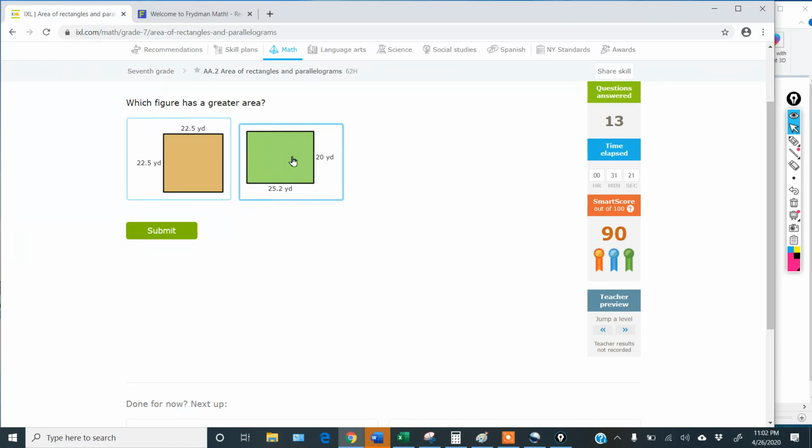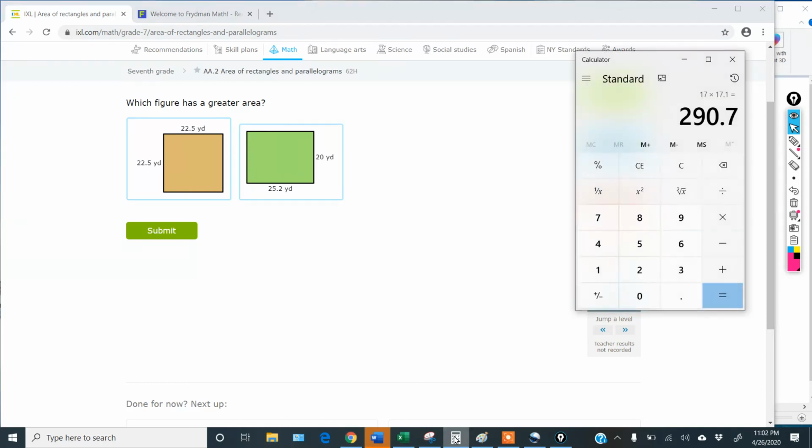So it's not as obvious this time if we multiply this and this, if we would get a larger or a smaller answer than if we multiply this and this. So for this one, I would recommend just going ahead. If there's like an easy way to just estimate that, no, I'm not seeing it right now. So we'll just go ahead and multiply those.